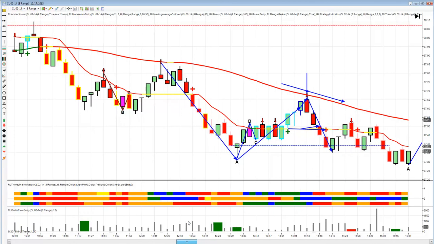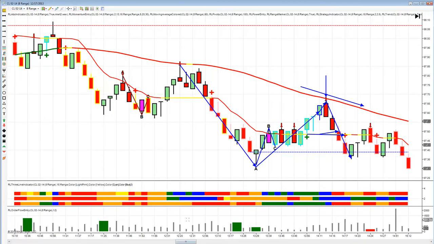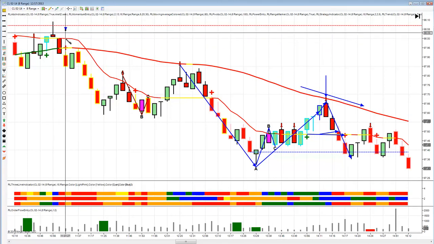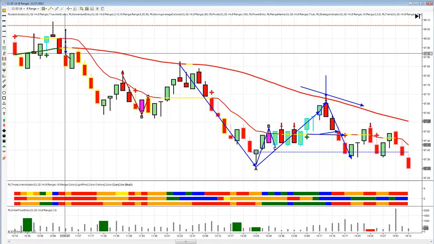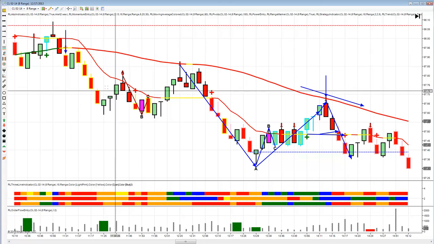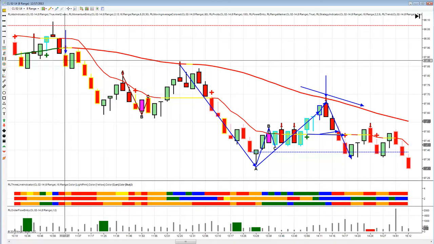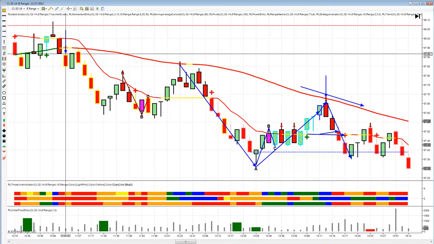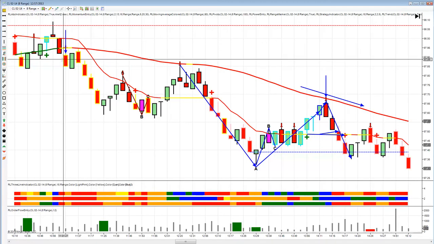Here's another one. And you see, by respecting the color of the 50, right here, saved us a loss. You can see that this breakout came on a yellow 50, so we didn't take it, and it was unsuccessful.